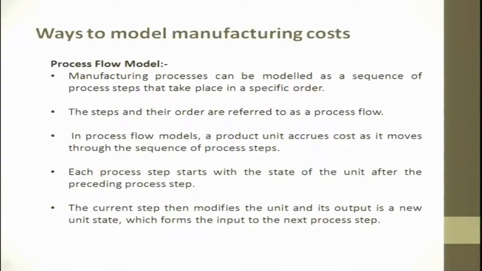What is a process flow model? A process flow model is a manufacturing process that can be modeled as a sequence of process steps that takes place in a specific order. For example, as soon as you get into your house, you remove your shoes and then you try to wash your legs and hands and face.